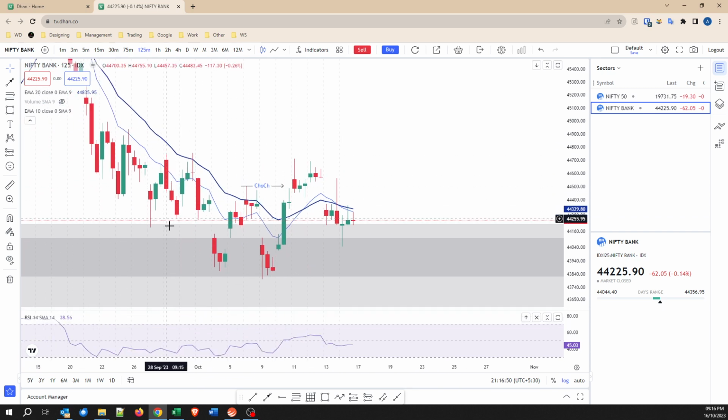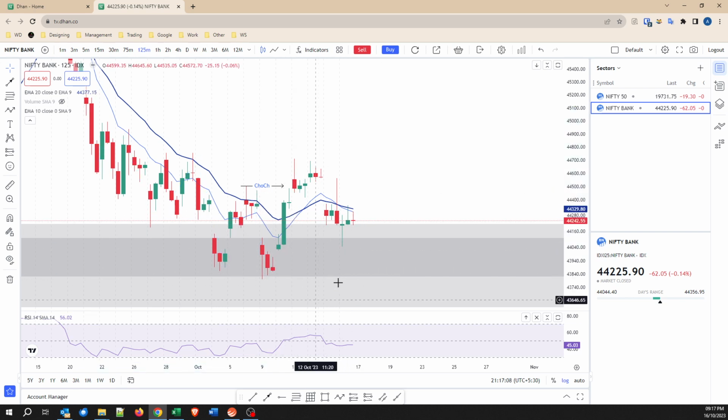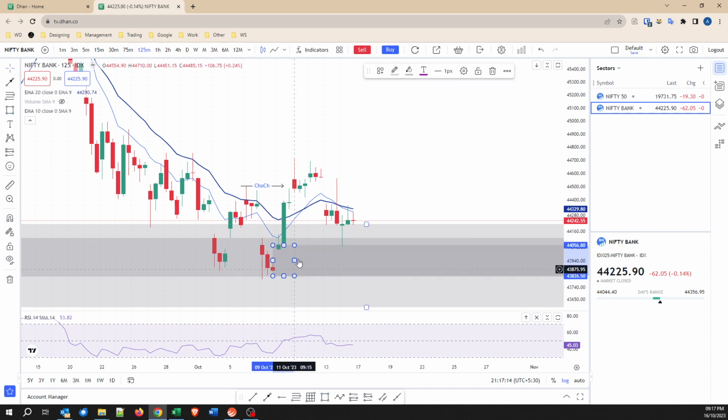As you can see, the structures here: lower low, lower high, lower low, lower high, lower low, lower high, lower low, and we have a higher high. So this was the zone that caused the change of character. I think today we already got an entry. So this will be a good zone for us to enter, maybe tomorrow and the day after.